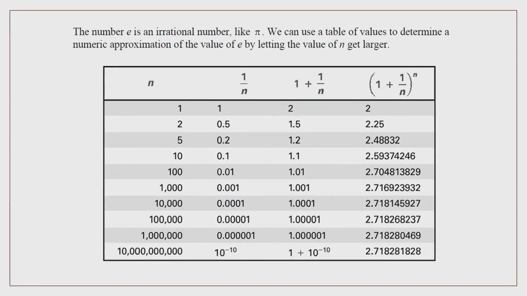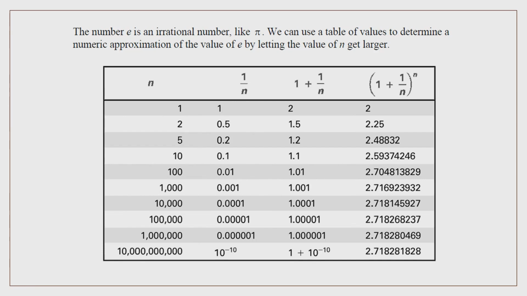So the number e is an irrational number like pi. So we can use a table of values to determine a numeric approximation of the value of e by letting the value of n get larger. And so here we have our table. We have some n's. When we plug that n into 1 over n, we get our values.